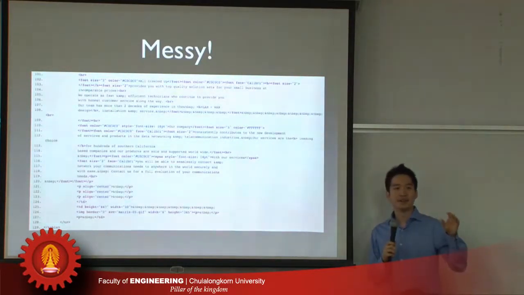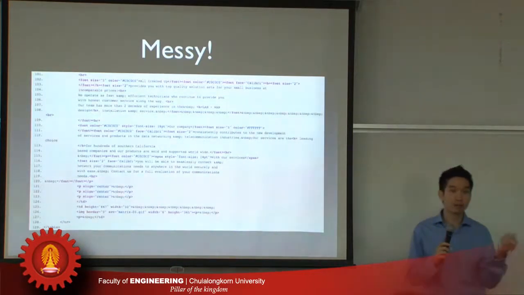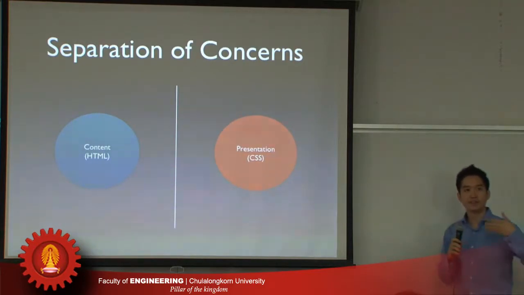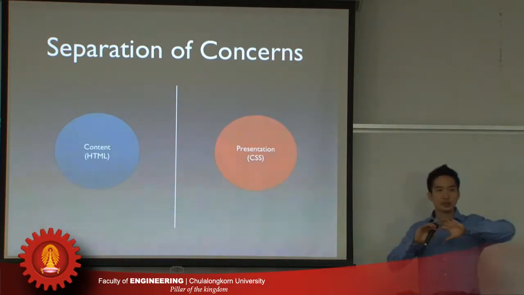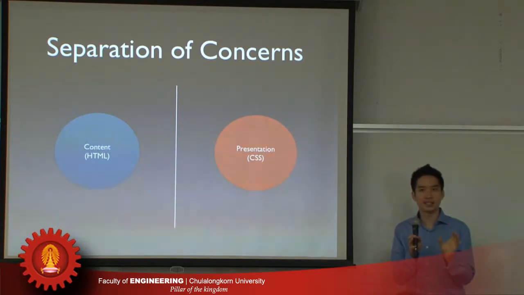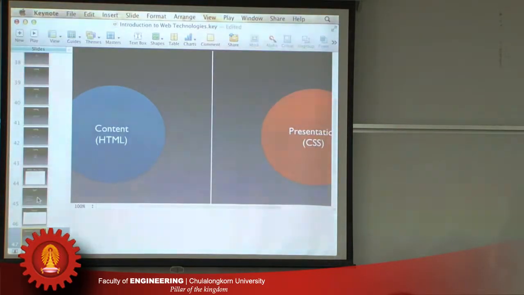So a bunch of people that pioneered web development started to find a way to separate the content and the presentation more cleanly. So they developed a mechanism to allow you to separate the content from the presentation. So given our example, how do we do that? How do we separate the presentation from the content in the text file?